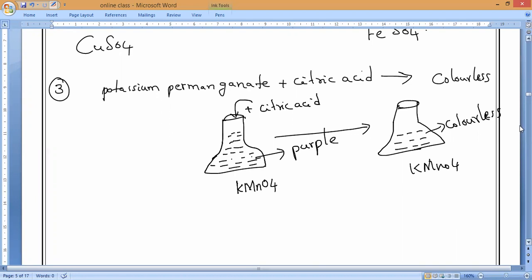Chemical reaction. Clear everybody? So it is indicating that it is a chemical reaction. So this is the third example you can write. Please all of you write potassium permanganate. Clear? Understand or not? Yes, sir.